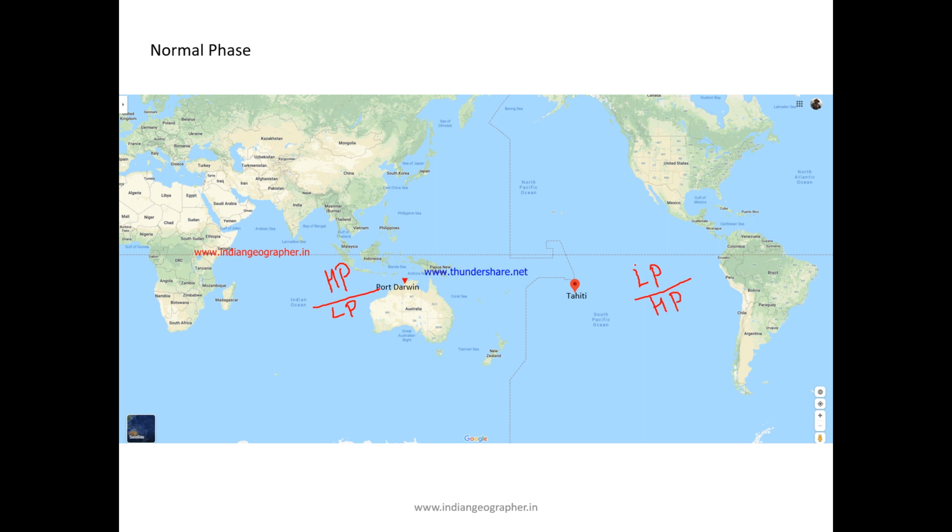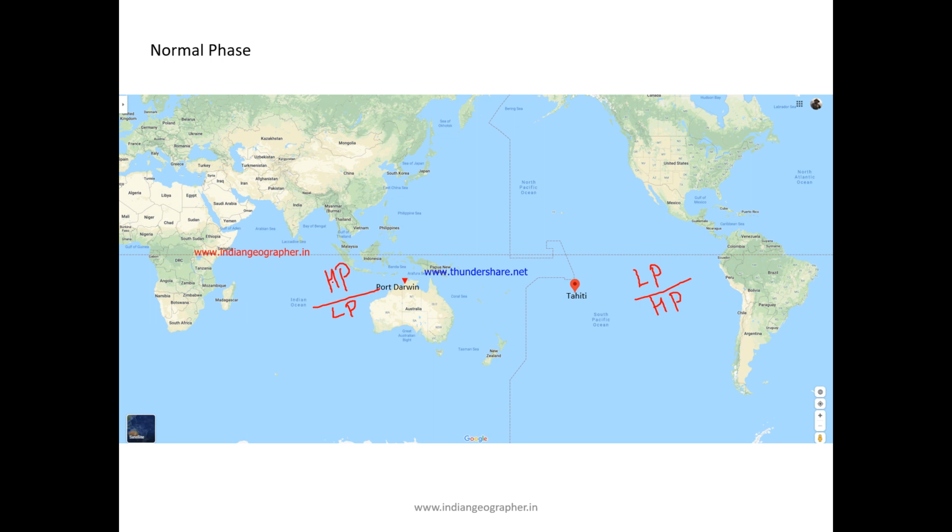So this keeps on changing. Sometimes there is high pressure here and low pressure here, sometimes the other way round. This pressure variation is stated as the Southern Oscillation Index.